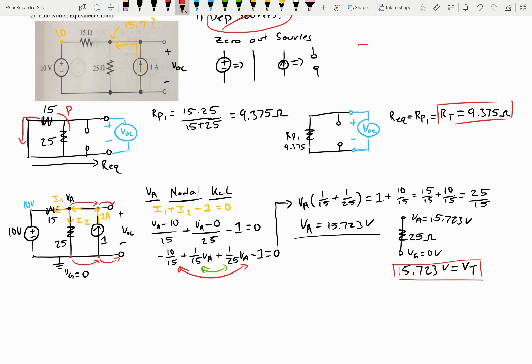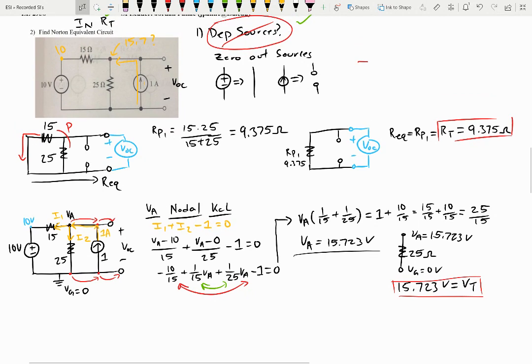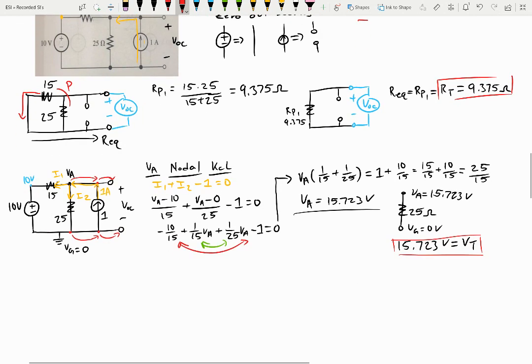All right, but it's not asking us for the Thevenin voltage; it's asking for the Norton current. So let's go ahead and use our relation that we had. We know that I Norton is going to be equal to V Thevenin over R Thevenin.